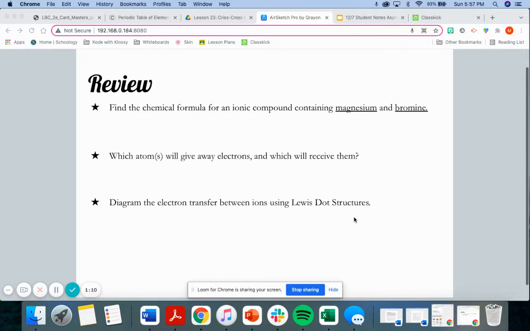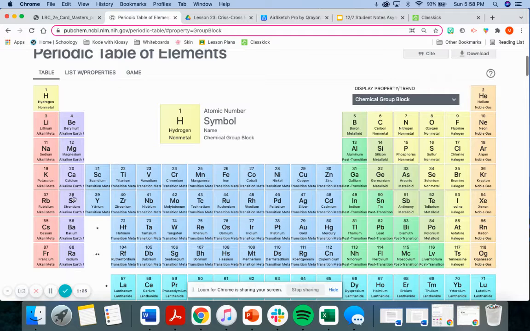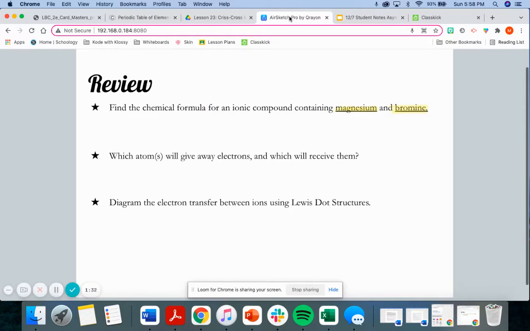So first, we reviewed by finding the chemical formula for an ionic compound containing both magnesium and bromine. So we're going to start by heading to the periodic table, finding magnesium. Magnesium is in group 2, and it's a metal, so it wants to get rid of those 2 valence electrons and take on a +2 charge.